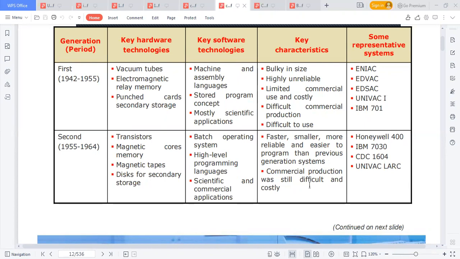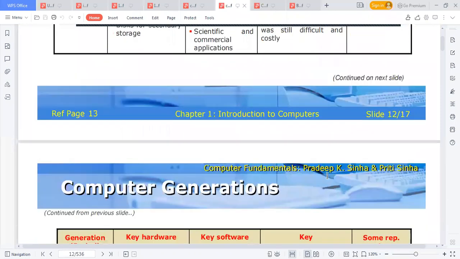Some important representative systems are Honeywell 400, IBM 7030, CDC 1604, and UNIVAC LRC. So these are the key features of the second generation.